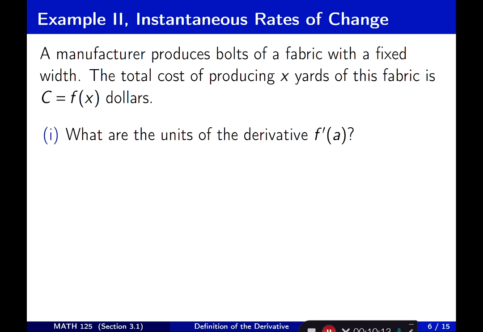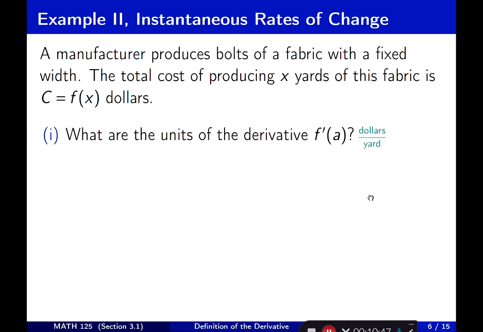If you remember, when you're computing the derivative, you're taking the limit of the average rate of change with respect to whatever the input variable is. Here the input variable x is in yards, and the output variable is in dollars. So it would be dollars per yard.